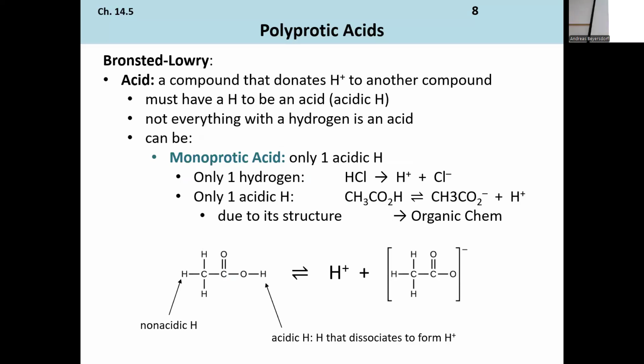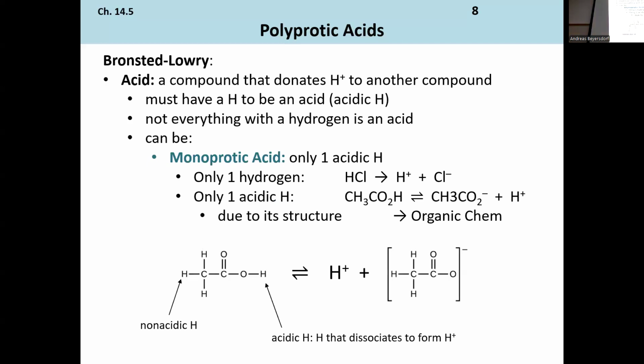So we can have what we call monoprotic acids. Monoprotic acids have one acidic hydrogen. This can be because they only have one hydrogen, like HCl. HCl can't lose 2 hydrogens because it only has one. Or it could be something like acetic acid, CH3CO2H.